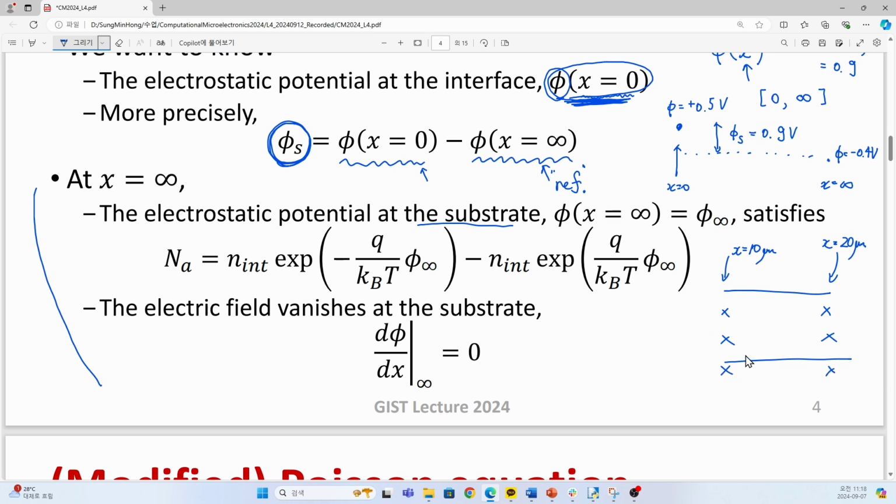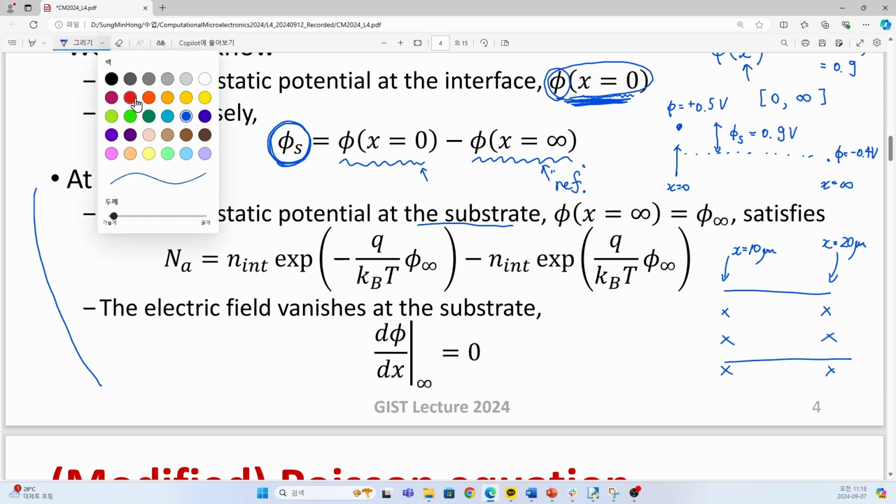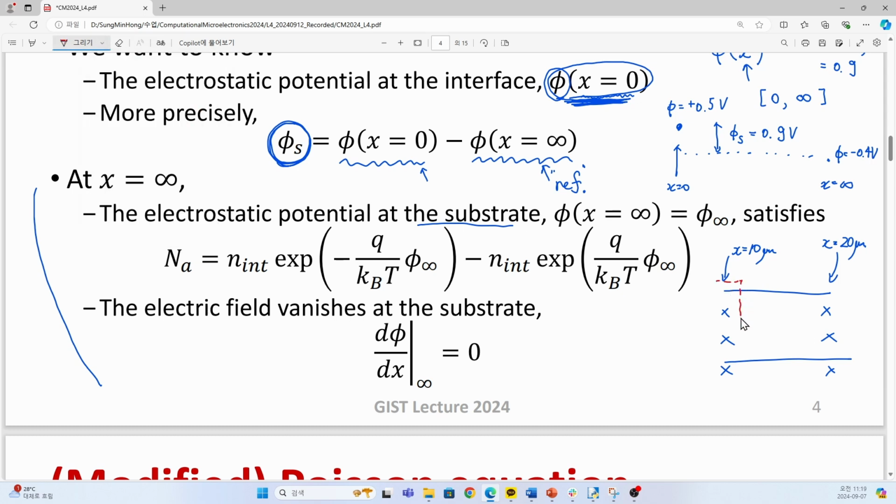Since there is no change in spatial constellation, here and there, each of them is in its local equilibrium. Local equilibrium means that the electron density and hole density are purely determined by our dopant density, the local one. The local dopant density really determines electron density and hole density.